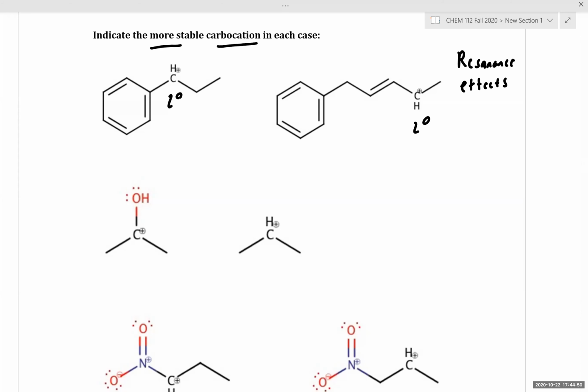And so we need to look and see, how can we delocalize our carbocation? Well, looking at this structure on the left, it's clear that we can delocalize our carbocation over multiple atoms in our aromatic ring.